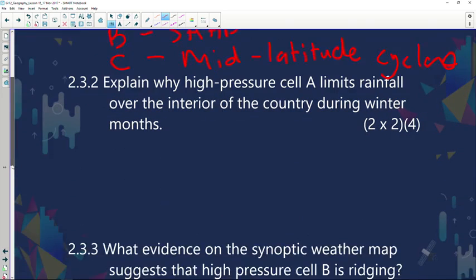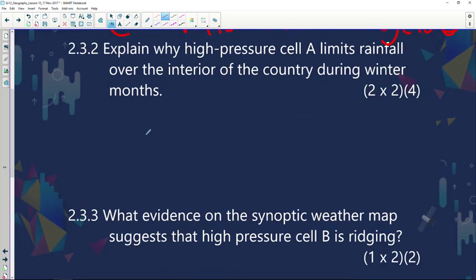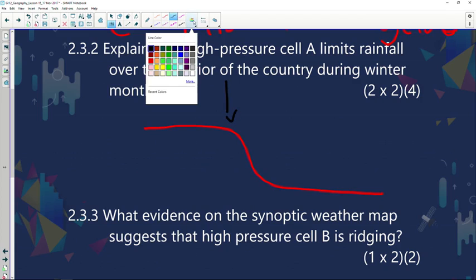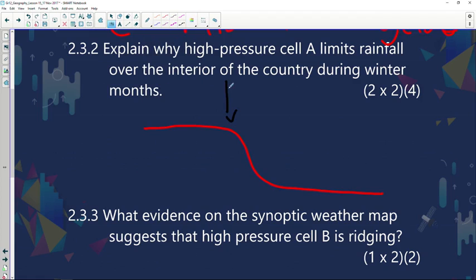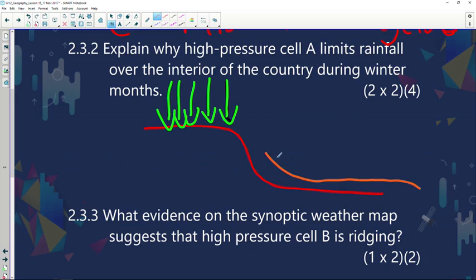So if I can quickly draw a cross section, basically in winter months the Kalahari high pressure system creates a strong subsidence, sinking air. So it doesn't allow the warm, moist air coming in from the east coast of southern Africa to reach the interior, Johannesburg and the Free State.